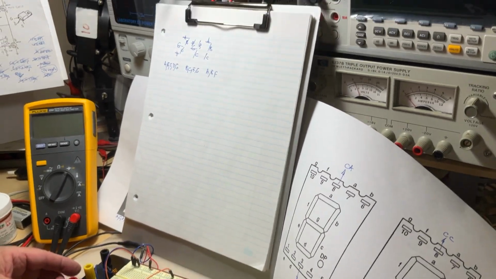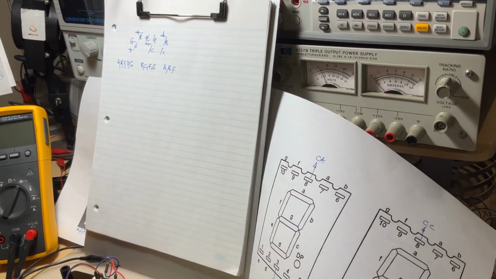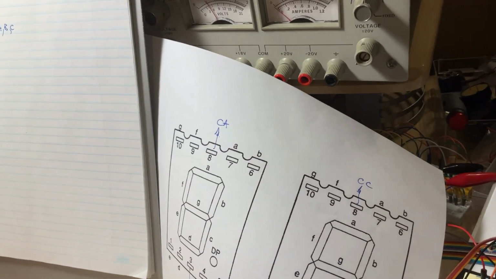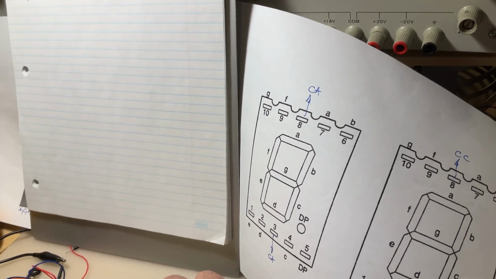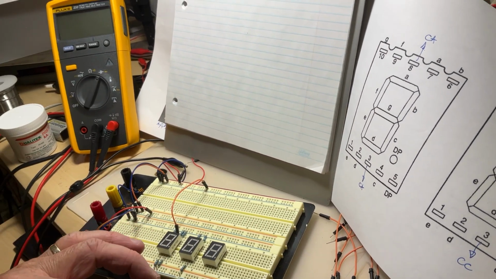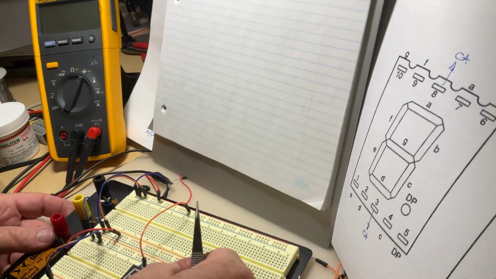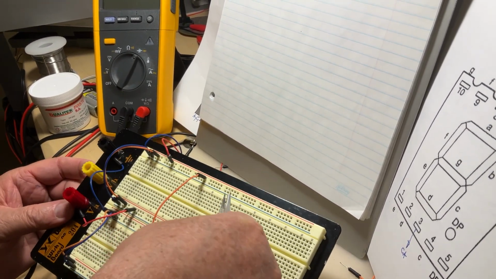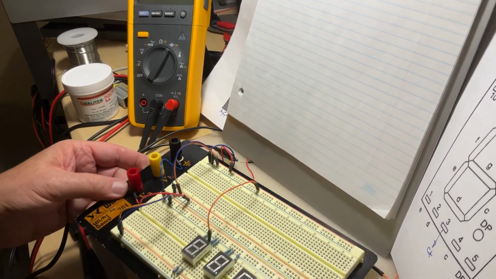Then we have the F and the G. F and G are together, pin 9 and pin 10. So we connect them both to a blue line because the blue line represents the ground. Very good.